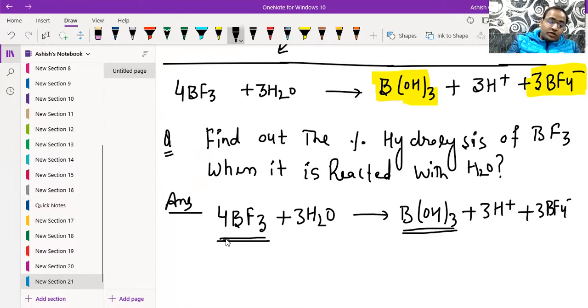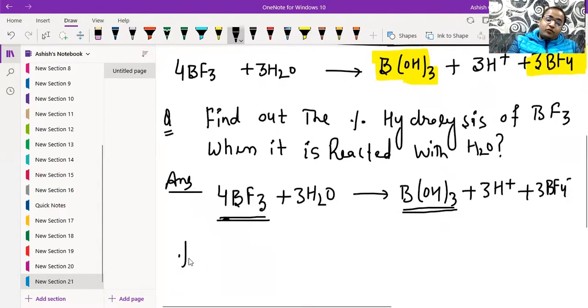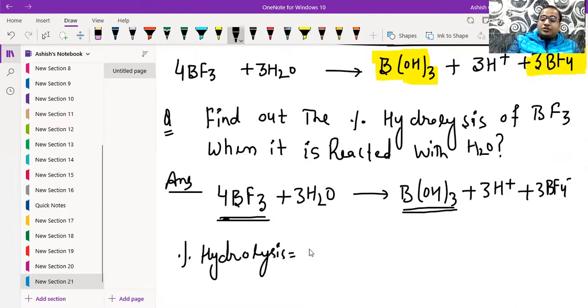So if we want to calculate percentage hydrolysis, it is 1 divided by 4 multiplied by 100, that is equal to 25%. So 25% of BF3 undergoes complete hydrolysis when it is reacted with water.